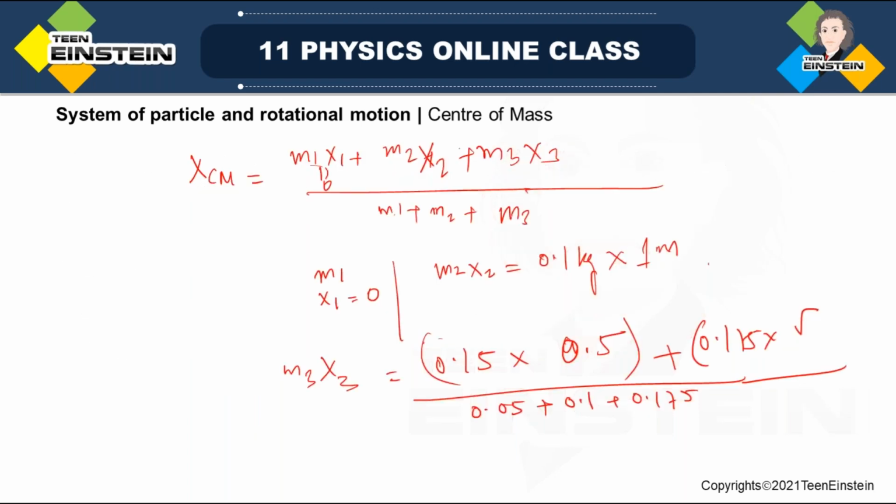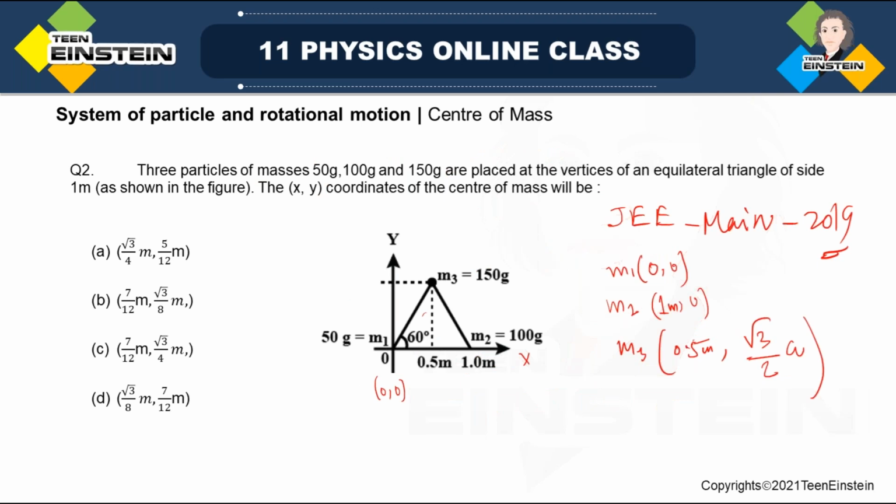Okay, I think I'm just forgetting the values. Let me calculate it here itself so that the calculation will be pakka. Anyway, so for XCM, I'll directly do the calculation itself.